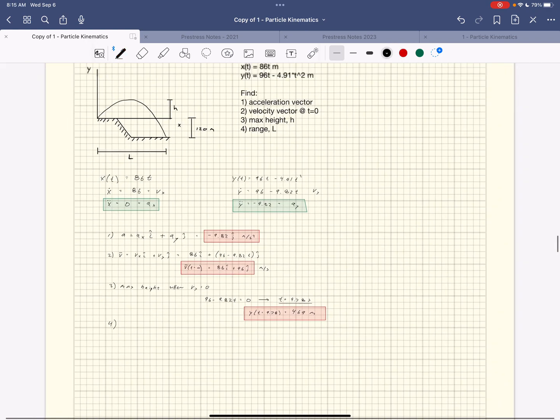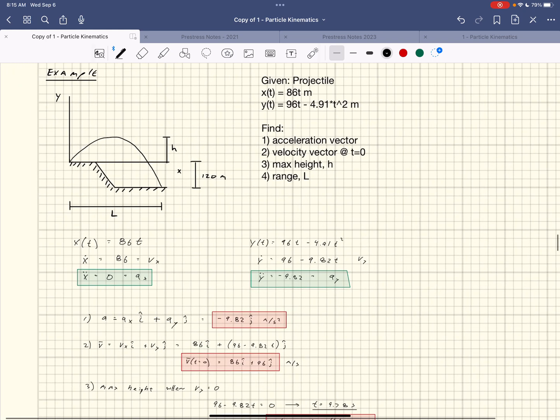So thoughts on that one? How do I get how far it's traveled? Yeah? When you figure out when y of t is... So we have this entire equation, right? That's what's given to us.